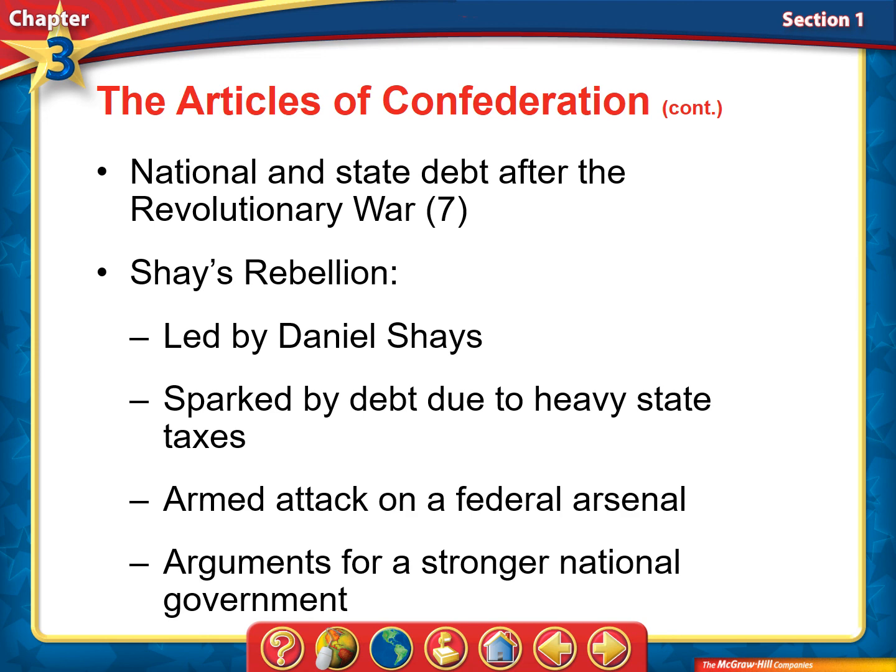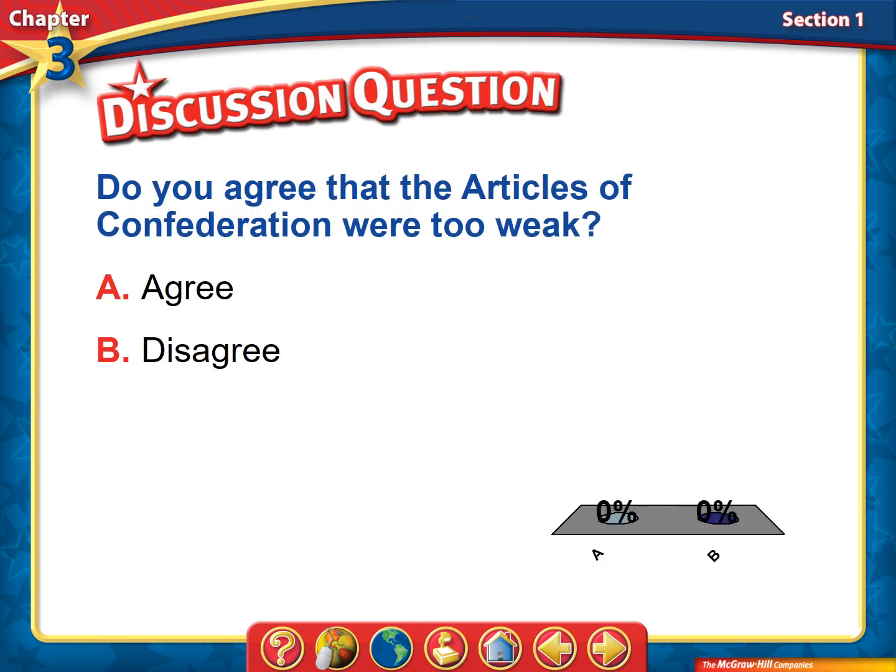And people began to think, maybe we do need a stronger national government. So ultimately the Articles of Confederation were too weak. It's all based around that anti-federalist idea that strong national governments become tyrannical by default, but unfortunately in practice the Confederation proved too weak to survive.